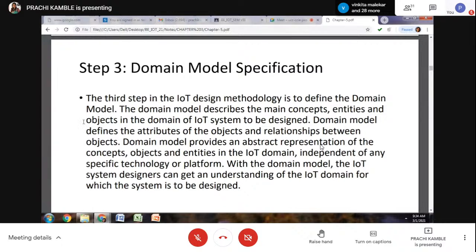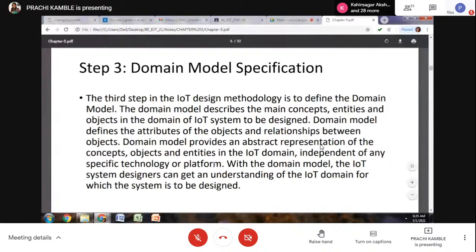Then the domain model defines the attributes of the objects and the relationships between the objects. So it clearly defines the relation between the attributes of the object and the relation between the objects. The domain model provides an abstract representation of the concepts, objects, and entities in the IoT domain, independent of any specific technology or platform.